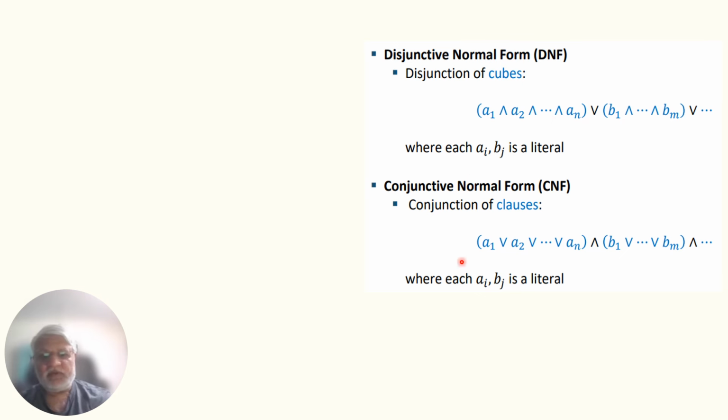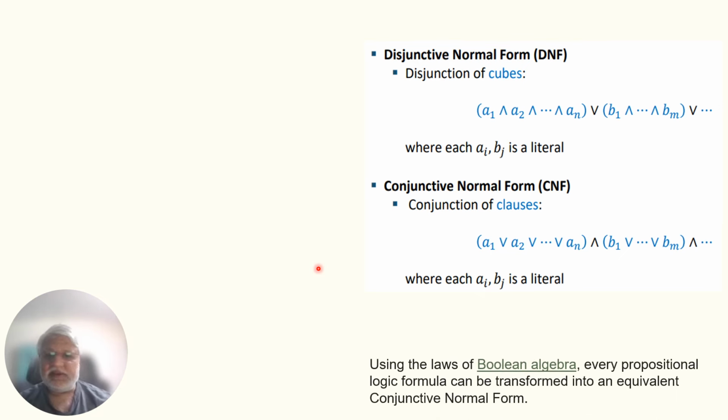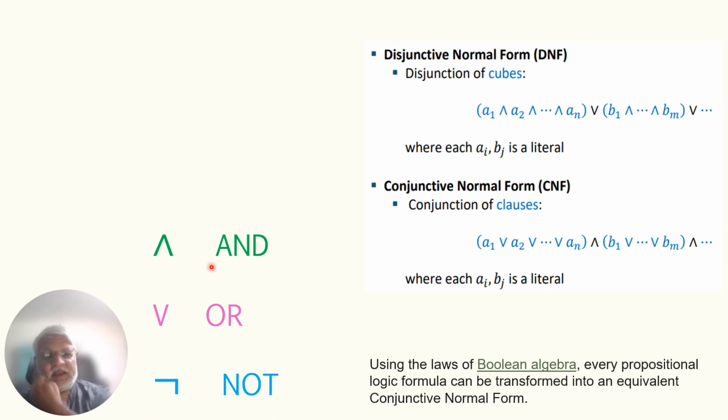Before we go on, these symbols mean the following: the inverted V stands for and, V stands for or. So this means A1 plus A2 plus A3 like that, and B1 plus B2 plus B3 and Bm like that. And this symbol means not. So there are clauses and the conjunction of these clauses. Here these are all different literals, and any Boolean function can be represented in either CNF or DNF.